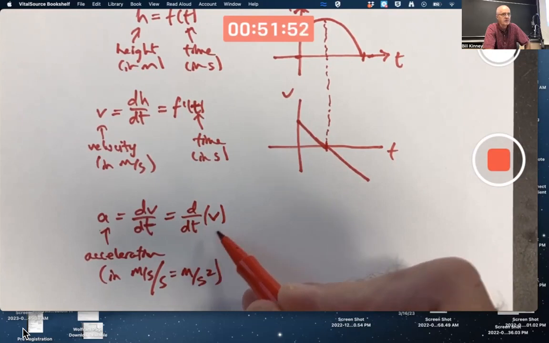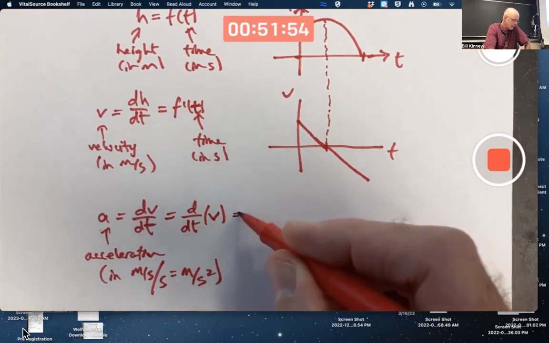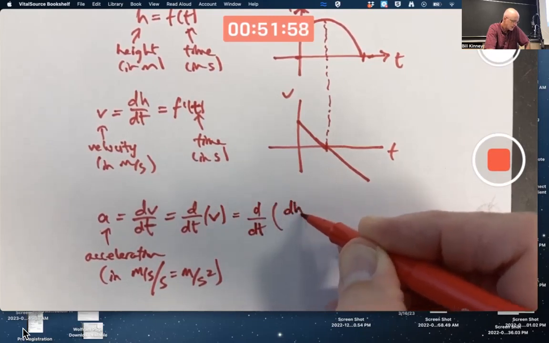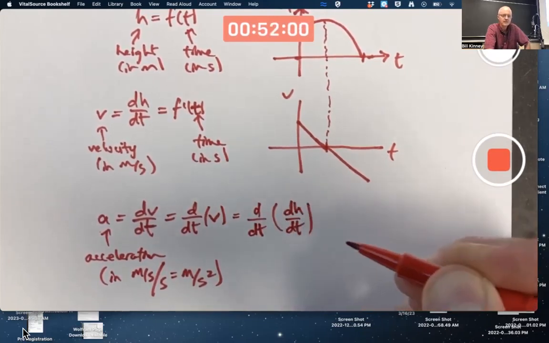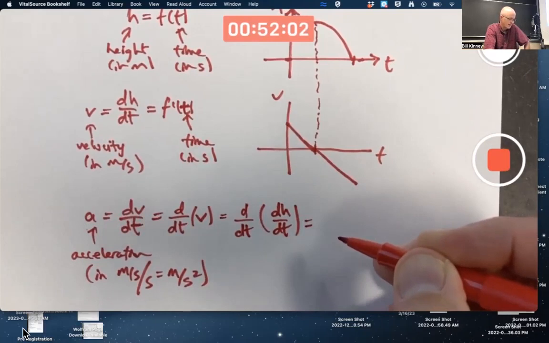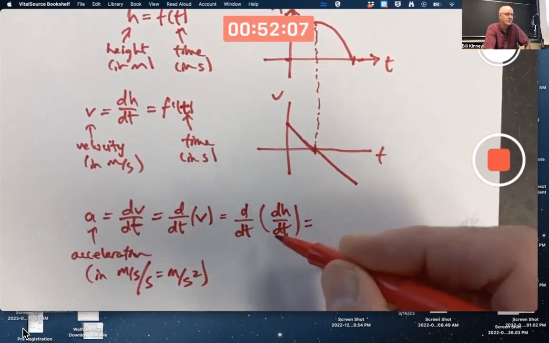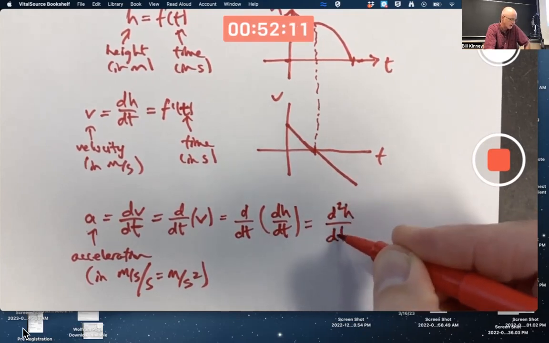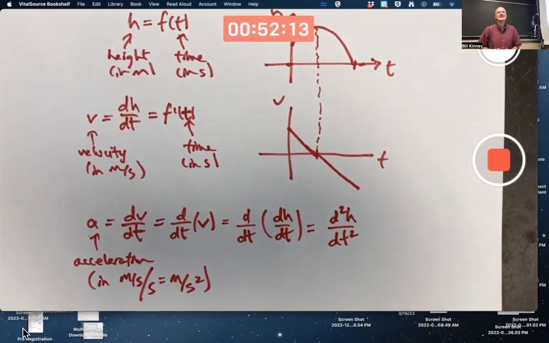This is called operator notation. And if you then replaced v with dh/dt, it's almost as if you could multiply these and write d squared h dt squared. Yeah, are we really multiplying? No, we are not.